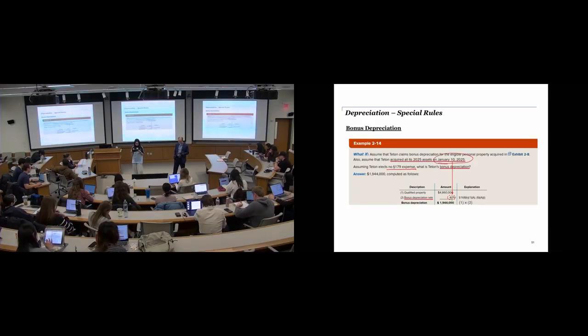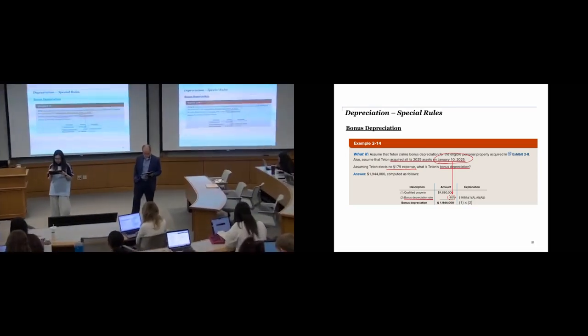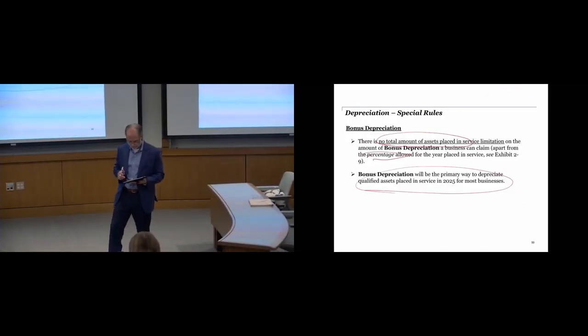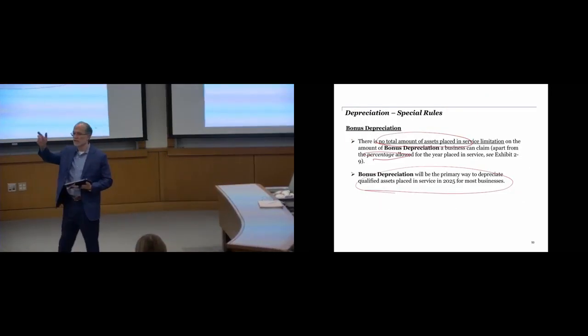So the calculation is simply the $4.86 million basis multiplied by 40%. So the final number we get is $1.944 million. That was just the date that they selected in the law.